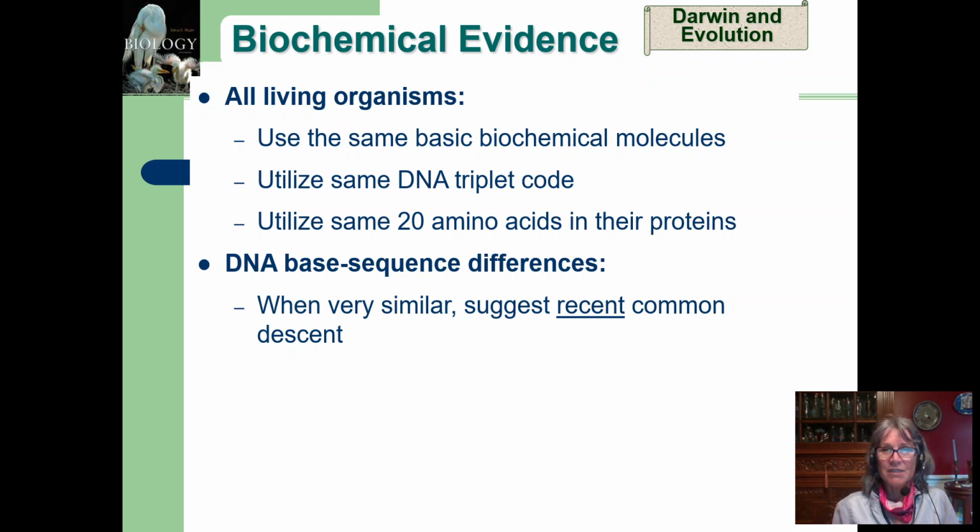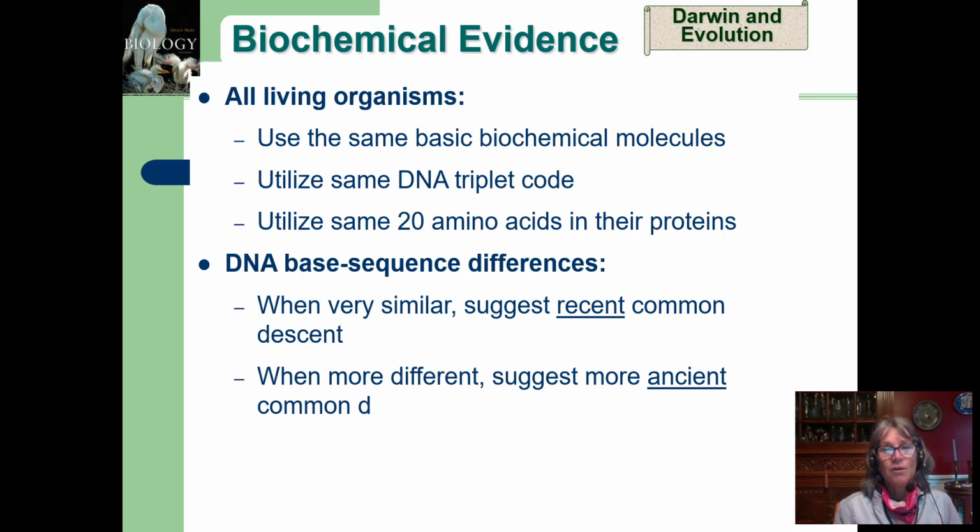So if two different species have very similar DNA base sequences, it suggests they have a very recent common ancestor, whereas the more differences, the more time we've had to accumulate differences, more mutations and changes adapted to more different environments, suggests a more ancient ancestor.